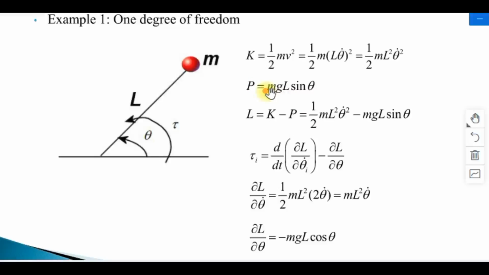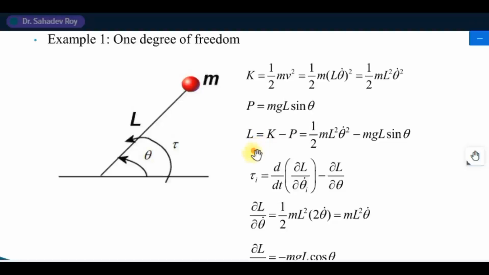So P equals mg L sin theta, and L equals K minus P, which is the Lagrangian. So the kinetic energy is half m L square theta dot square minus mgL sin theta. So you get the L.